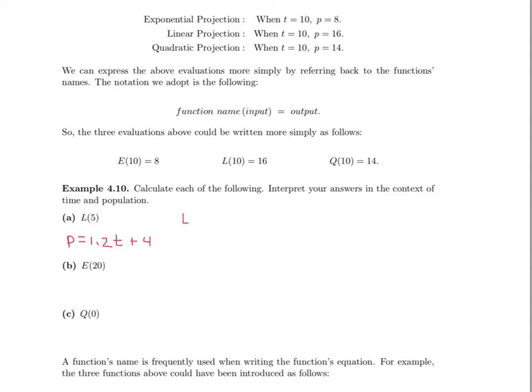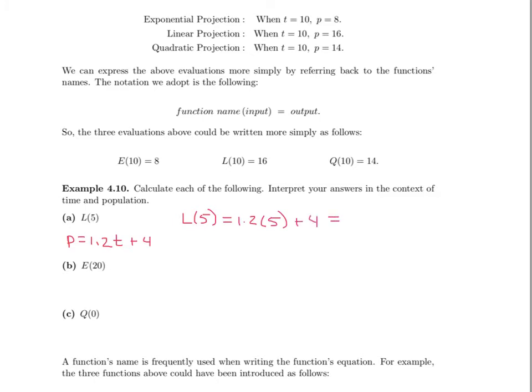So the output, remember this is how we write output, the output will equal, so we take the 5 and we put it into our function. That means we replace the t with 5. So we get 1.2 times 5 plus 4.